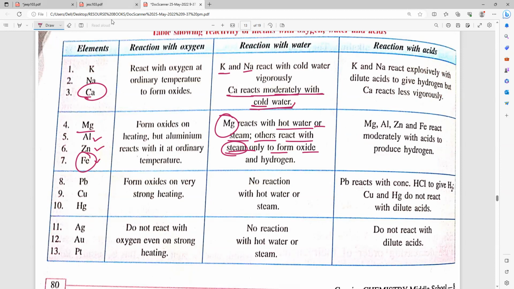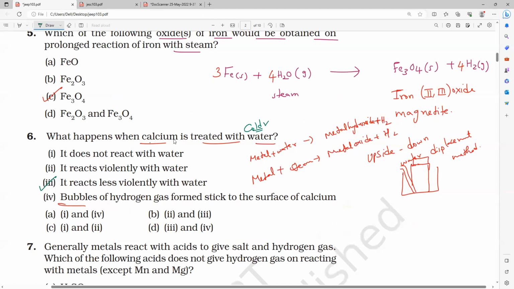Bubbles of hydrogen gas formed stick to the surface of calcium. That is what happens, as you saw in the experiment.